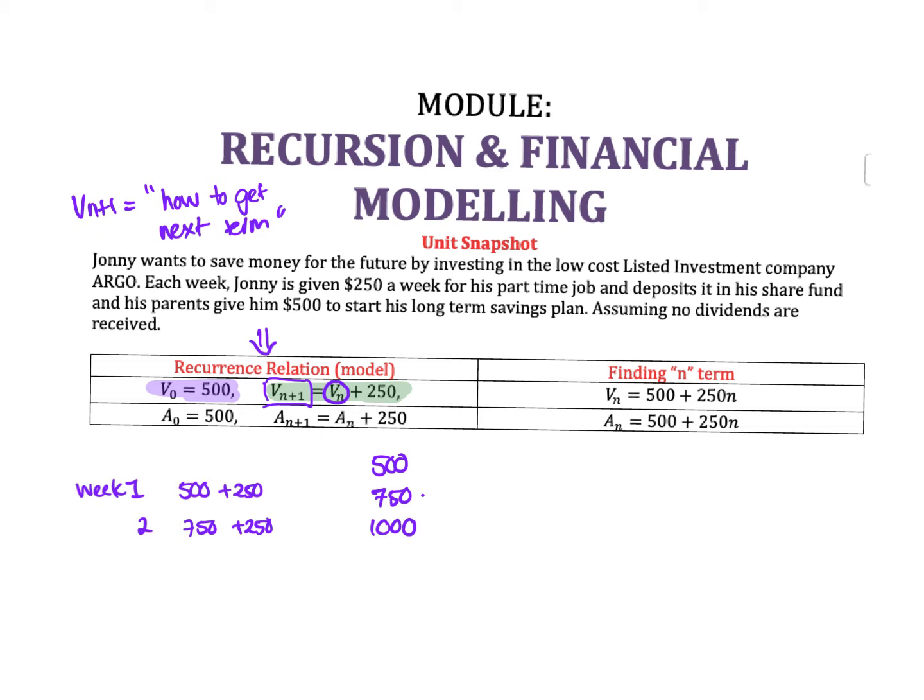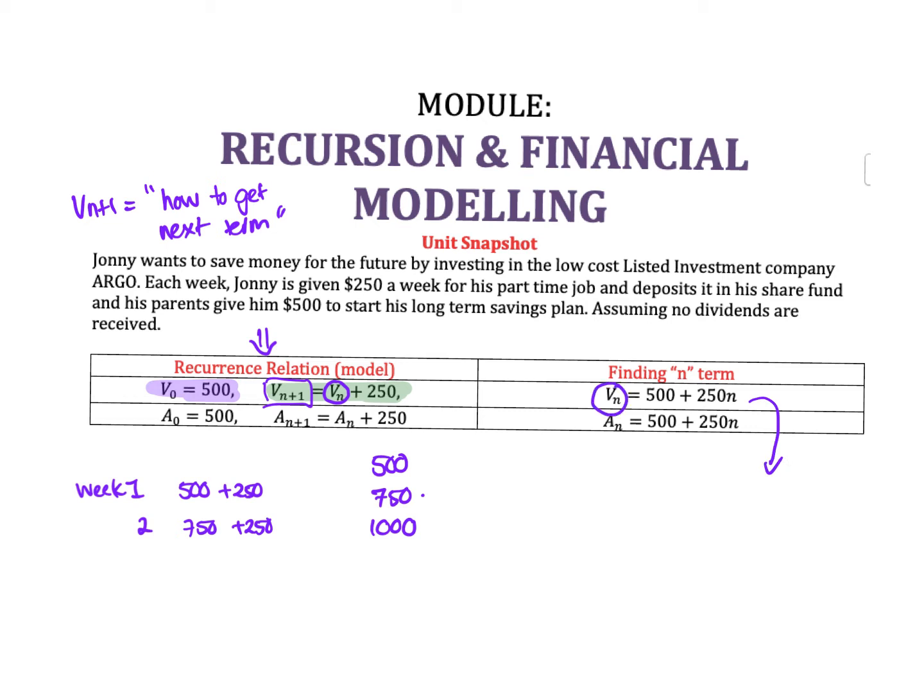Sometimes, say we were doing this for Johnny, it might be after 5 years he's done this all the time. We're going to want to know what he earns after 5 years or so. So what we then do is change these recurrence relations into an nth term rule. This is a rule of how to get any term.